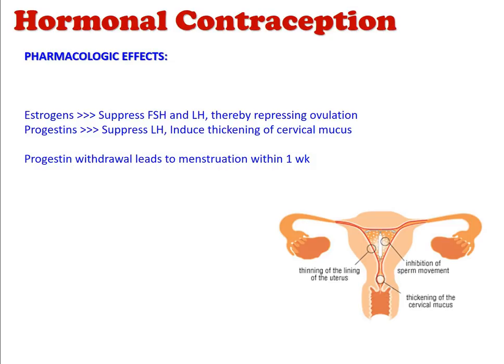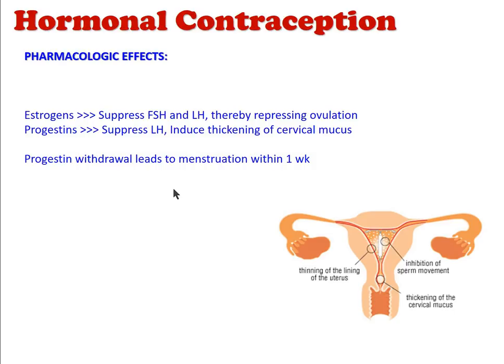It's not a perfect analogy, but you are exogenously supplying these estrogens and progesterone, creating a situation which is tricking the body to think there's pregnancy, and then FSH and LH secretion is reduced. Basically, it suppresses FSH and LH secretion, whereas progesterones just suppress LH.